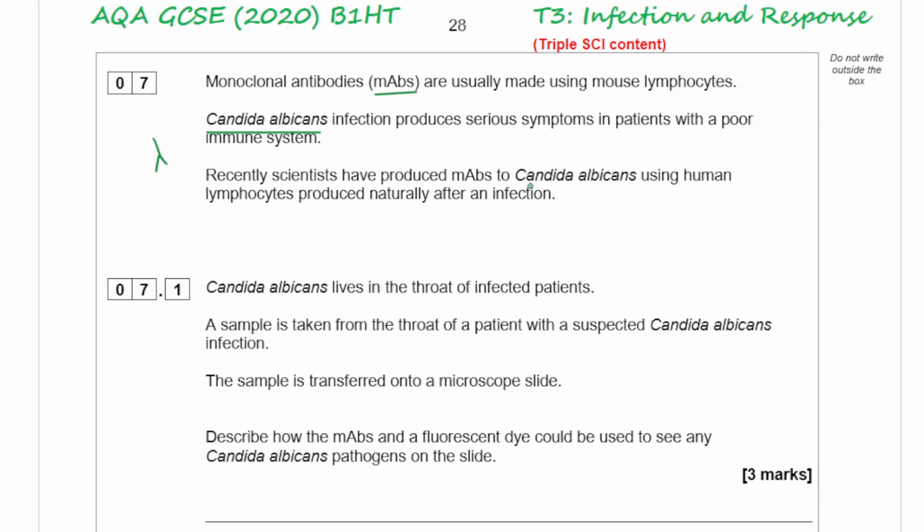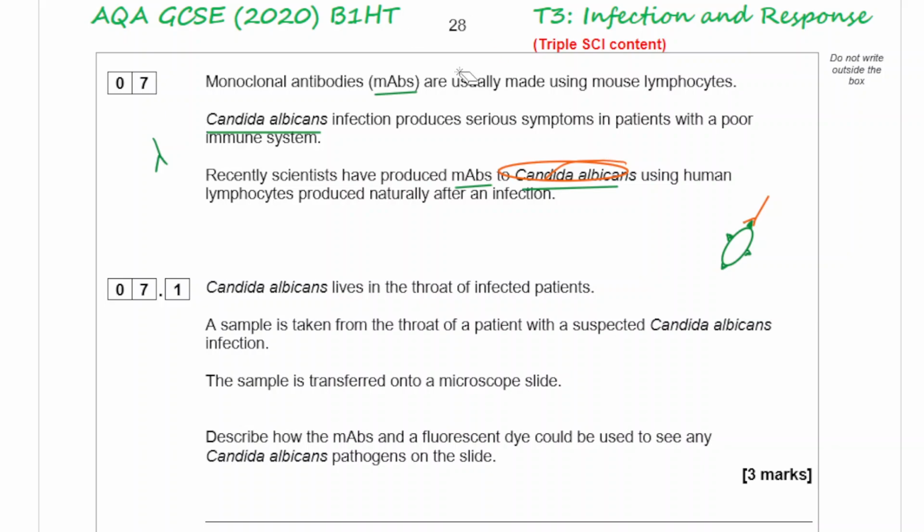Now, the third sentence says the MABs to Candida albicans using human lymphocytes, meaning that if that's the bacteria with these special proteins that it has on the surface, these antibodies, so if I draw the antibody in a different color, these antibodies will attach to the specific pathogen.